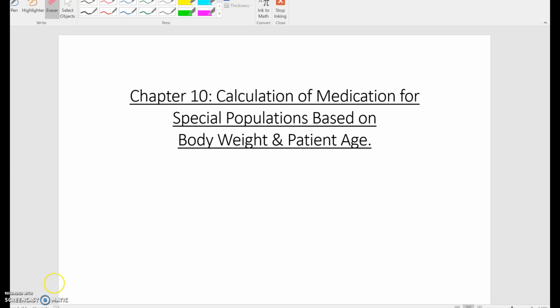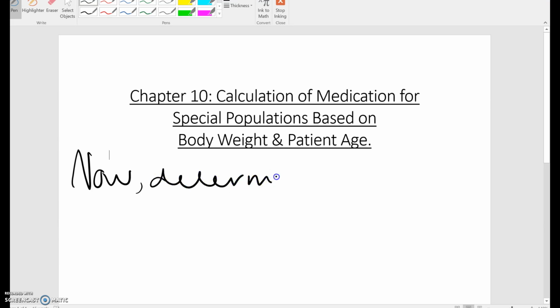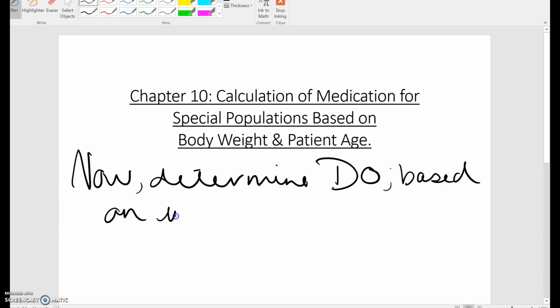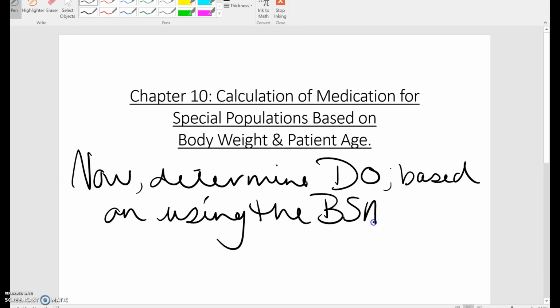All right. So now what I want us to do is determine the dose ordered based on using the body surface area method.